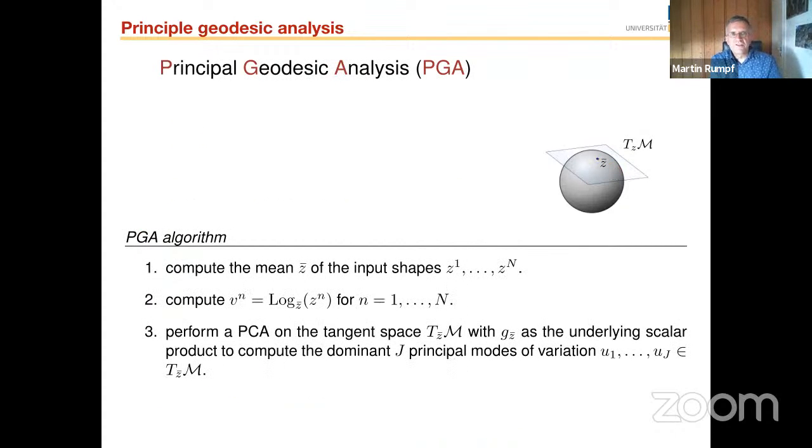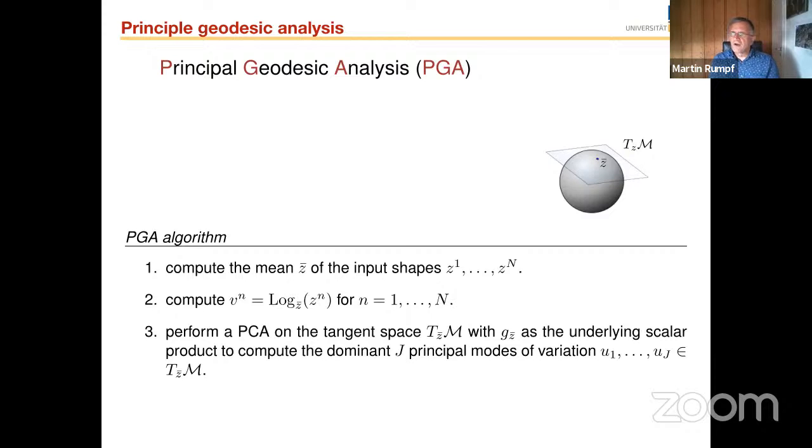And now what is the PGA algorithm? We first compute the mean as in the standard PCA case. Then we compute the logarithms of the input data, Zn. That turns these objects outside in space into tangent vectors, discrete tangent vectors, for sure, Vn.